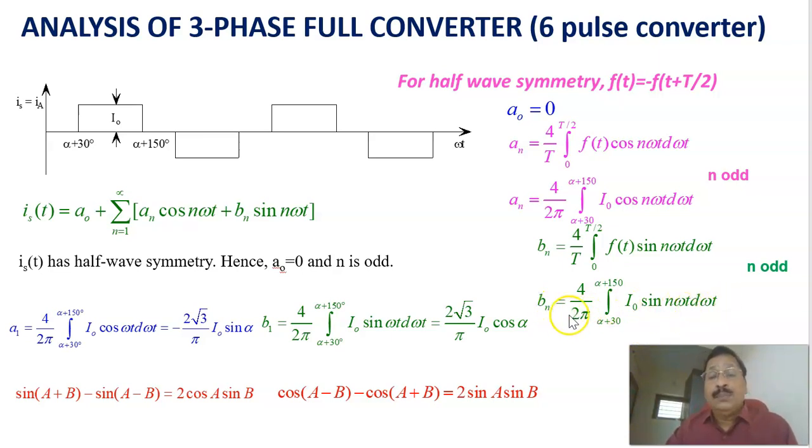Again, for odd n it is present. That is, B1, B3, B5 are there. For even n, the Fourier constants of B are absent. Therefore, you know the equations for bn as well as an.